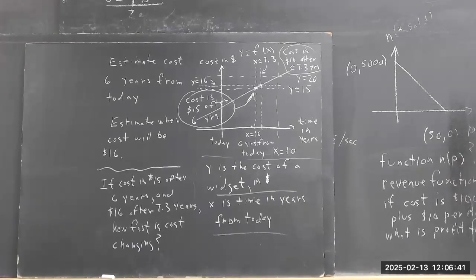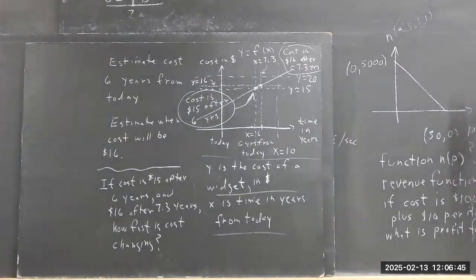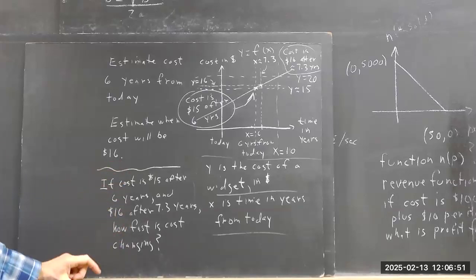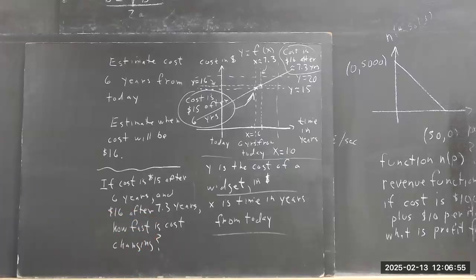Okay, there are a number of answers to this question, and any of those answers would be okay. Now, a lot of people didn't use this information. They just used $16 after 7.3 years.